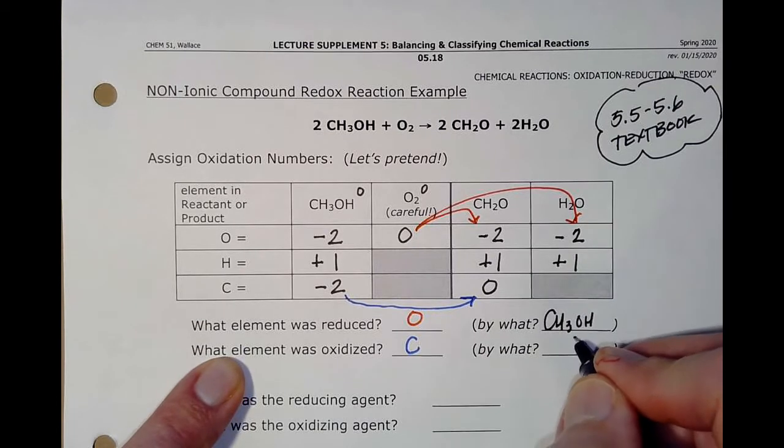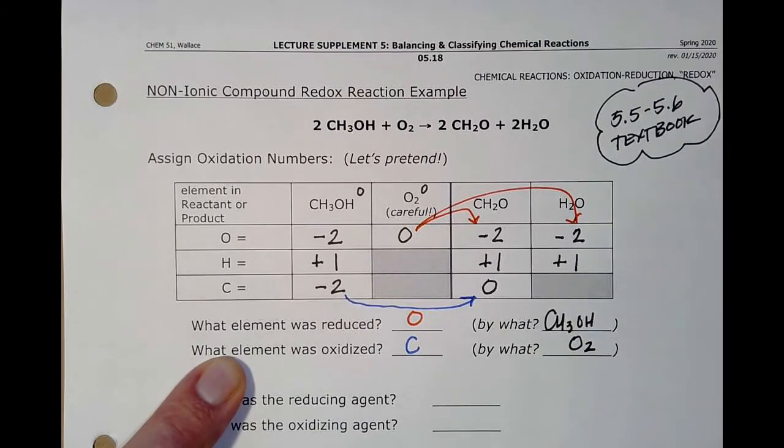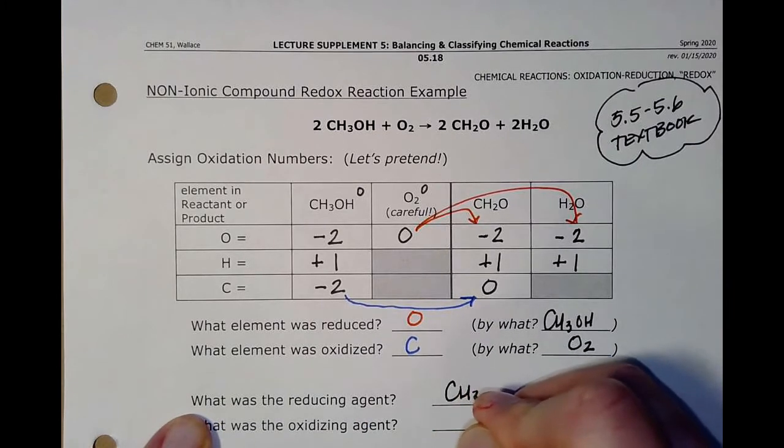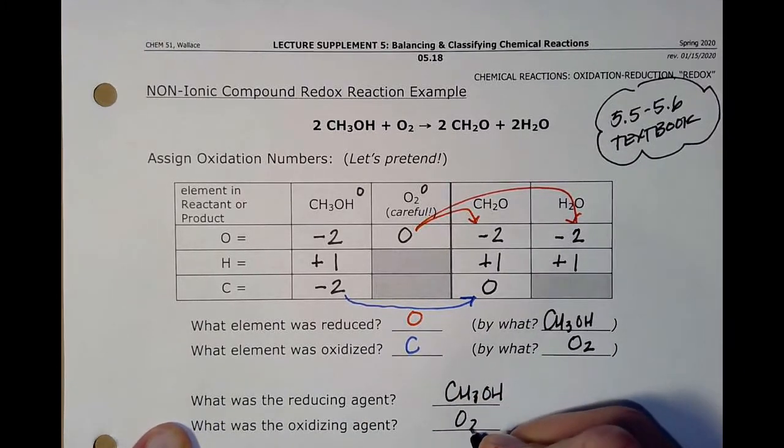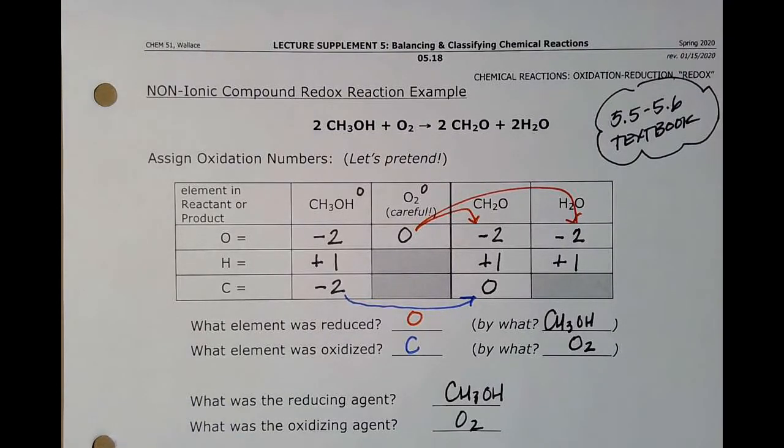Element was oxidized, O2. So, reducing agent, CH3OH, oxidizing agent, O2. That just sort of brings everything together again in one sample. It's not ionic, there's no ions, there are no charges, so we have to do the pretend oxidation numbers.